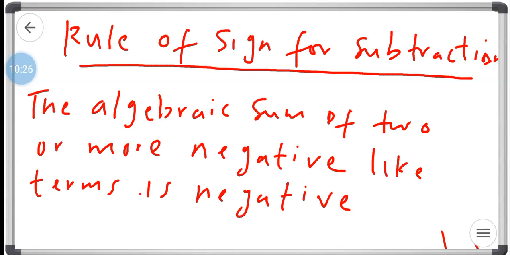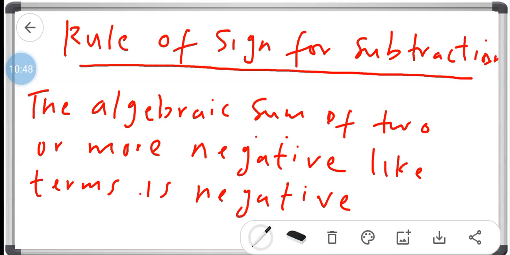So this is the rule we'll be using under negative. So we said the algebraic sum of two or more negative like terms is negative. So don't forget that we'll be using the sum here.